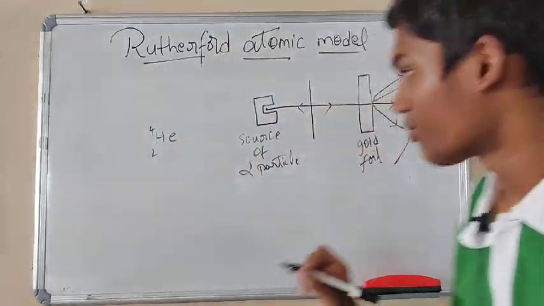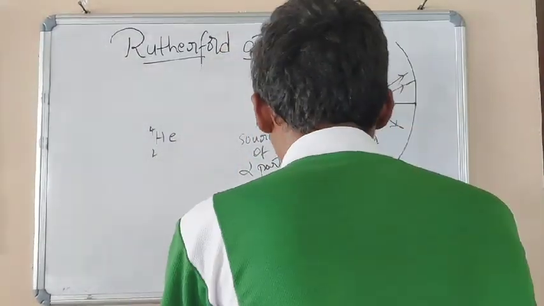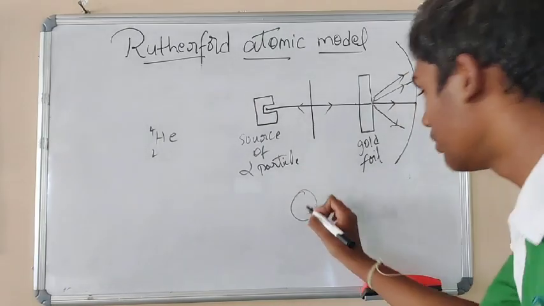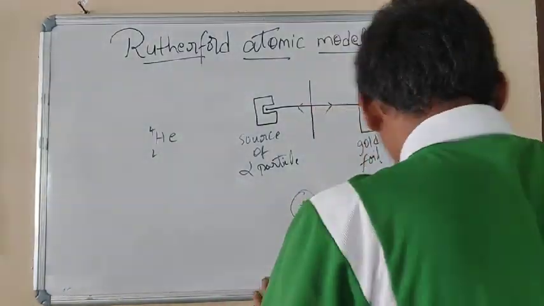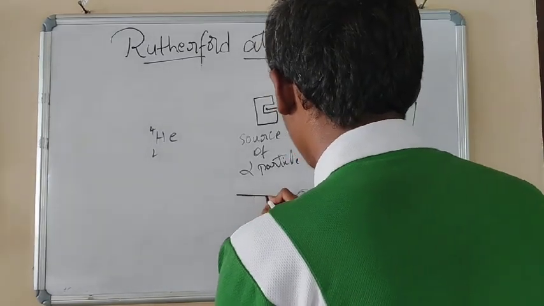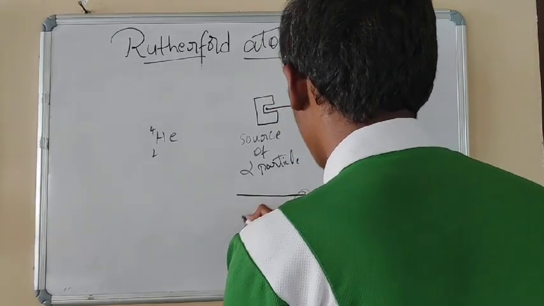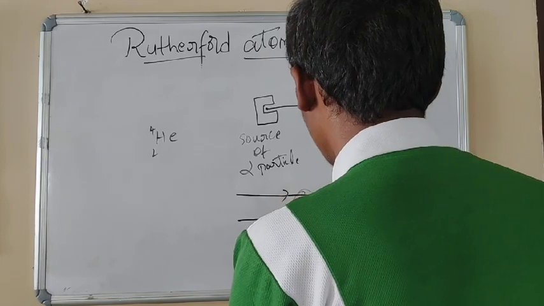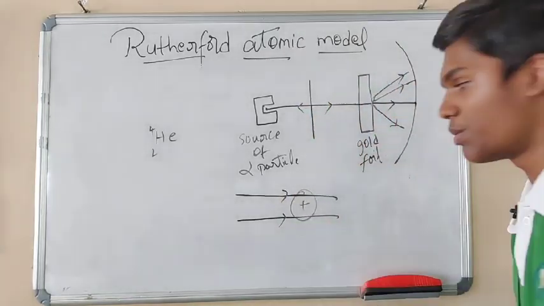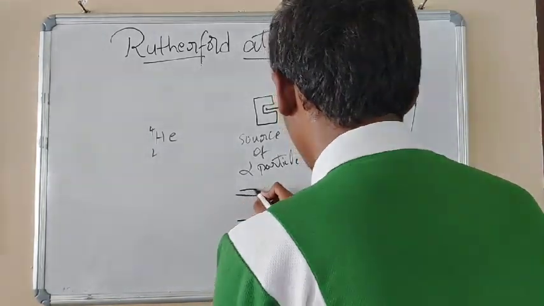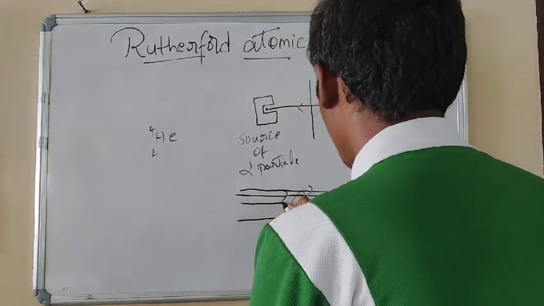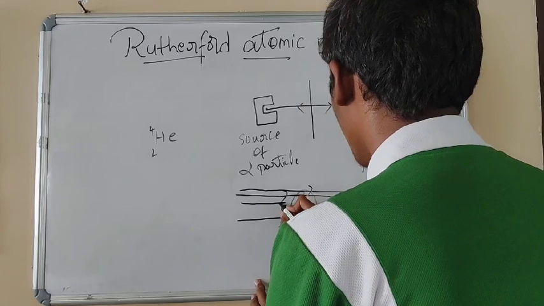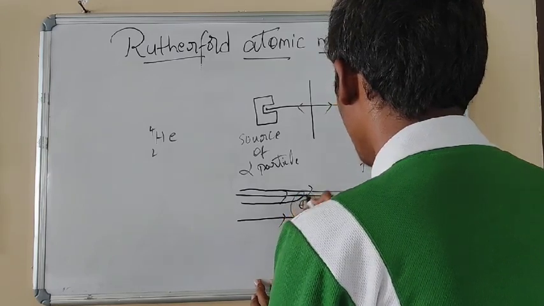Now let us assume this is the atom, and these are the alpha particles. Some travel in a straight path because the atom has empty space. But some come close to the nucleus and they deviate.